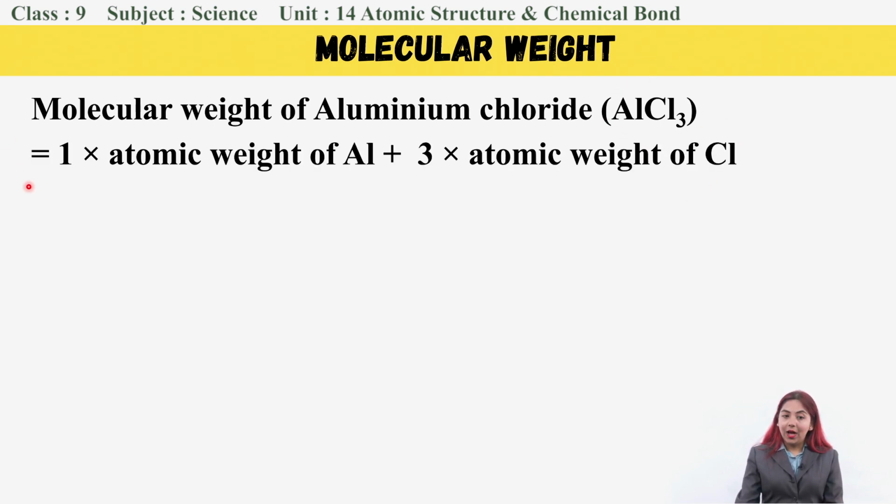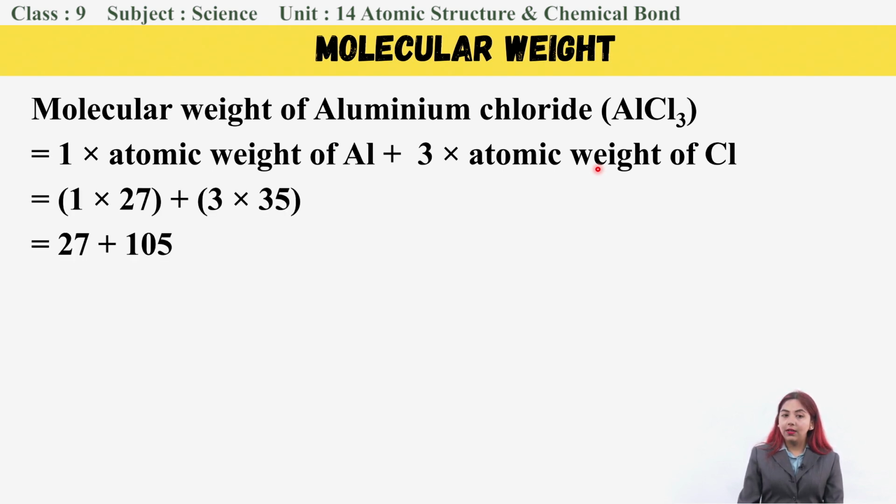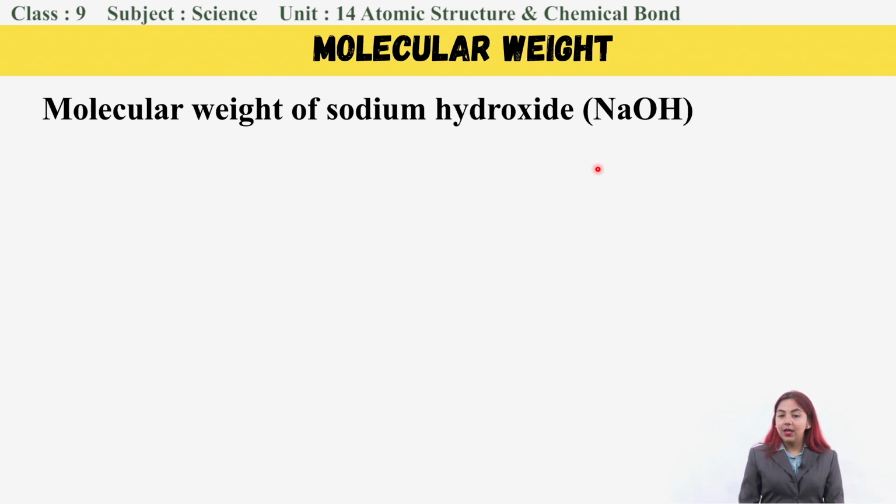So, 1 times the atomic weight of aluminium plus 3 times the atomic weight of chlorine. The atomic weight of aluminium is 27 and the atomic weight of chlorine is 35. So, 27 plus 105 gives us 132. So, the molecular weight of aluminium chloride is 132.